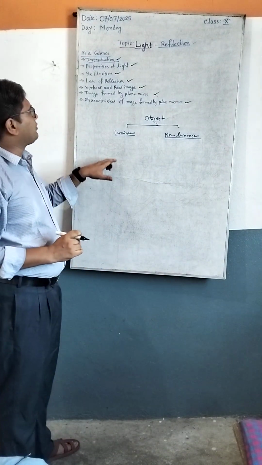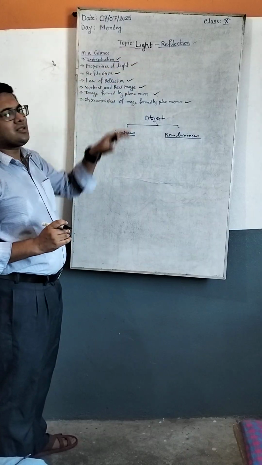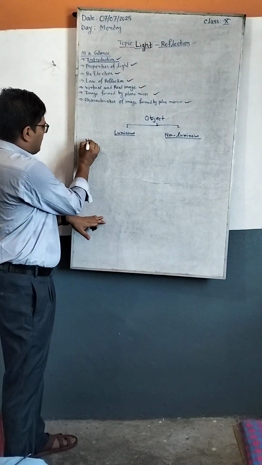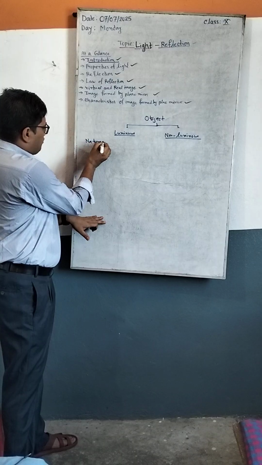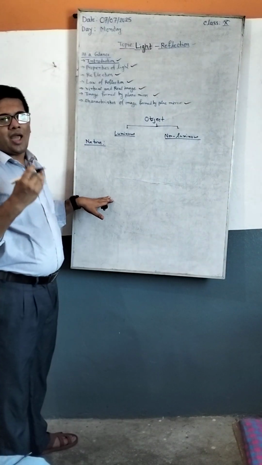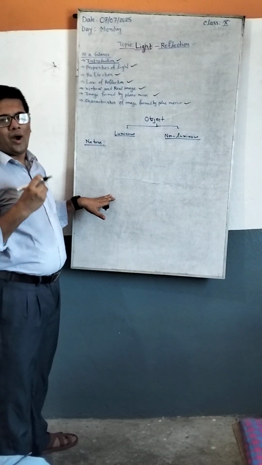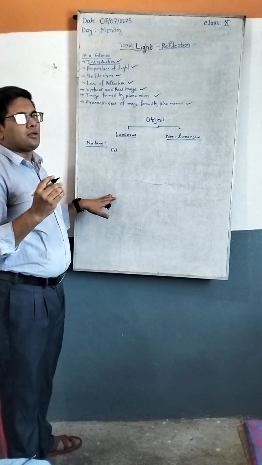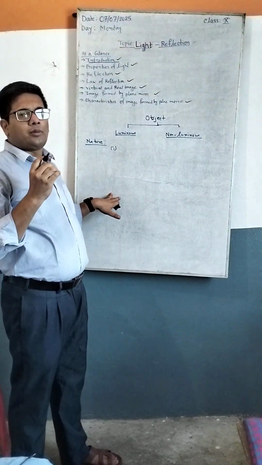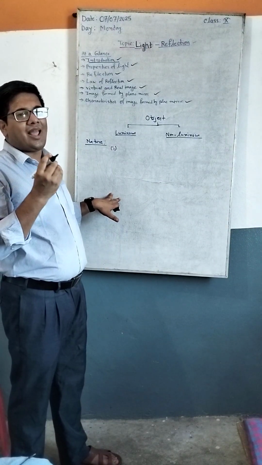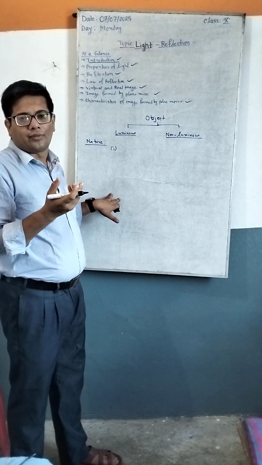Now we describe what is light. What is the nature of light? Light is described by two theories. The first one tells that according to the electromagnetic wave theory of light, light is an electromagnetic wave.